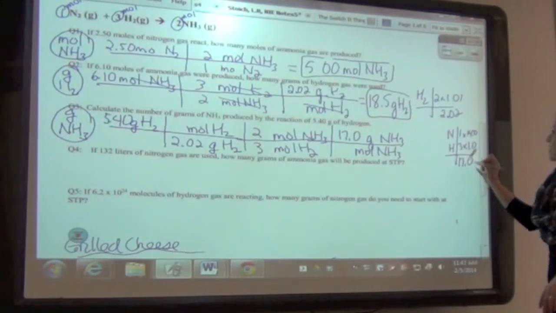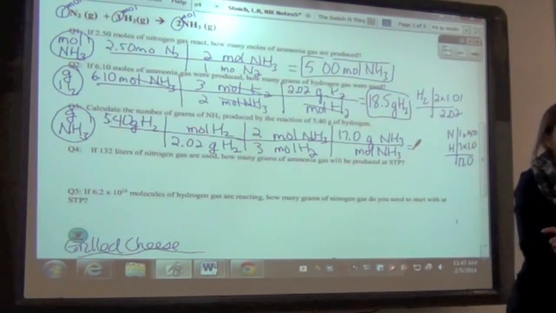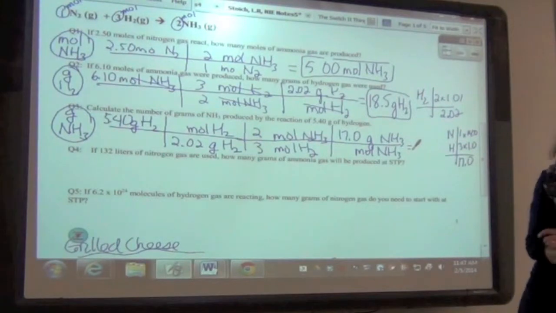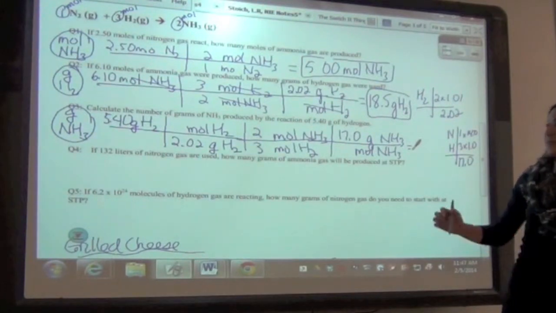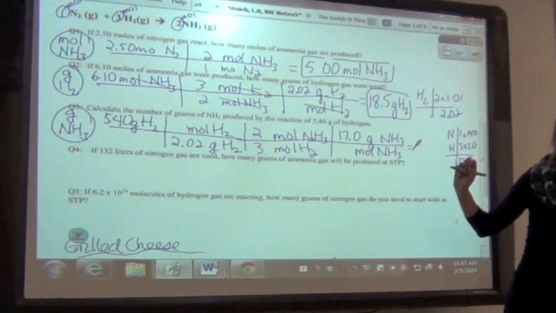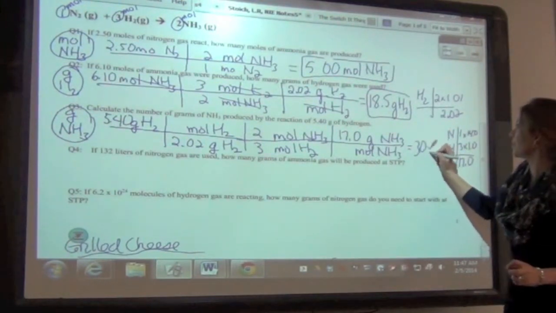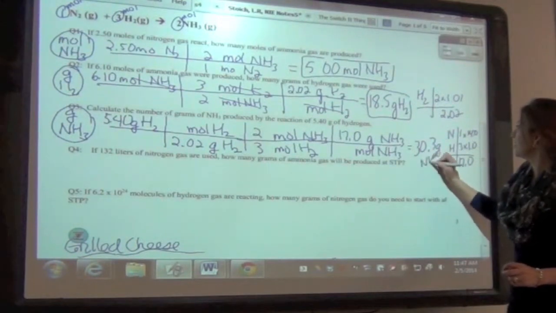So we've got 17 grams per mole. Okay, and then please multiply and divide and tell me what you get with 3 sig figs on this one. 3.03? We got 30.3. Okay, awesome. 30.3 grams of the NH3.